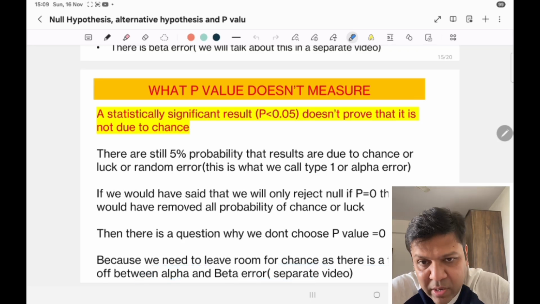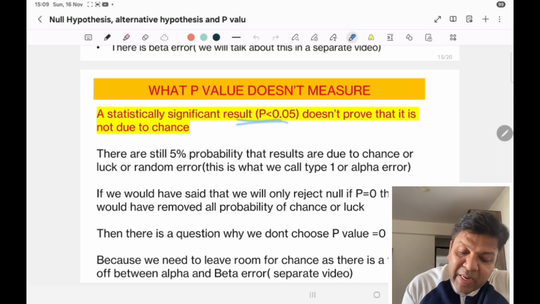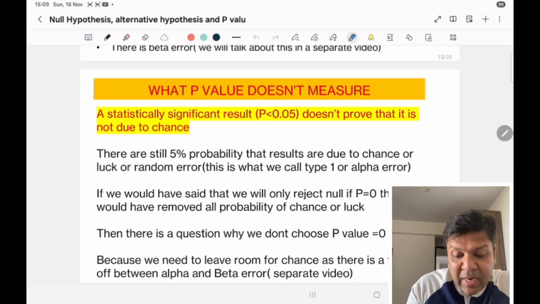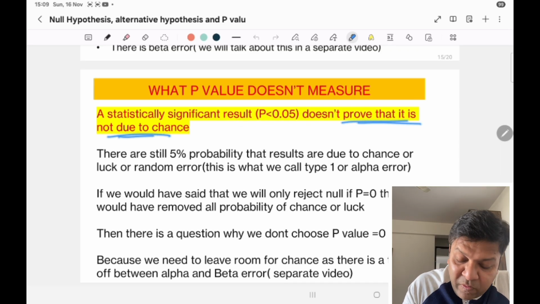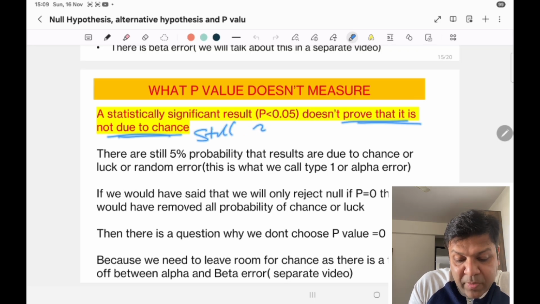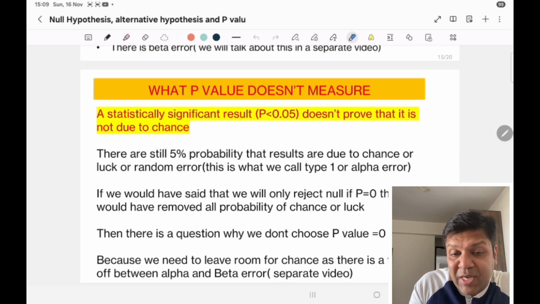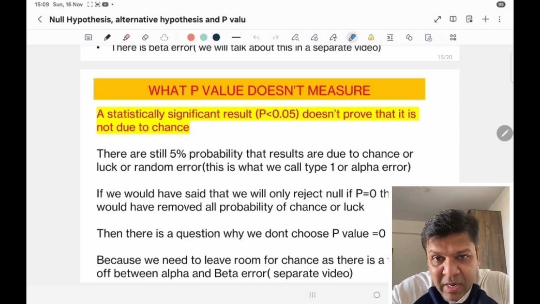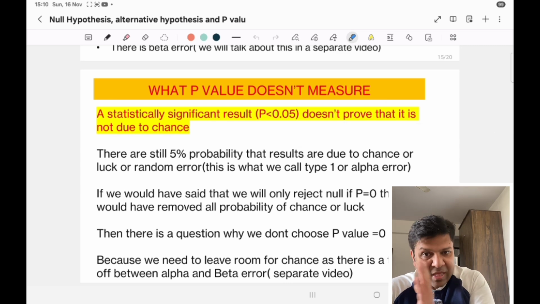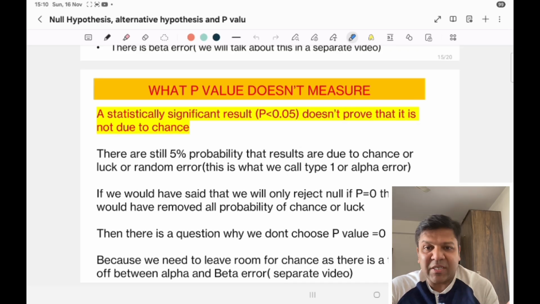So the take-home point is that a statistically significant result, which is p less than 0.05, doesn't prove that it is not due to chance. There is still 5% chance. But the chance is only 5%. So a lesser p-value is a metric of lesser chances.